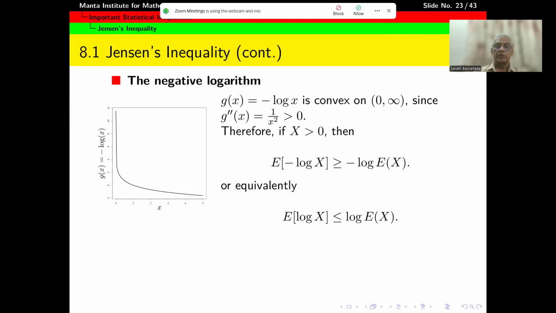And if you consider the log of x, actually, it's going to be concave. It's a concave function on this line. So in that case, the inequality will be the other way around. The expected value of log X will be less than or equal to log of the expected value of X. But this is the one that is coming directly from Jensen's inequality.